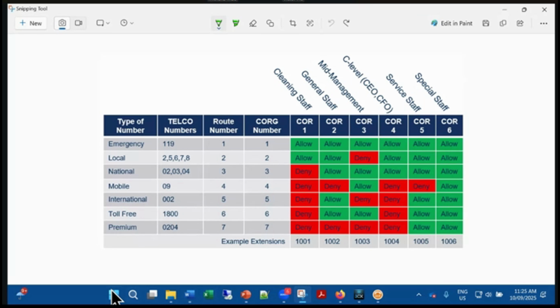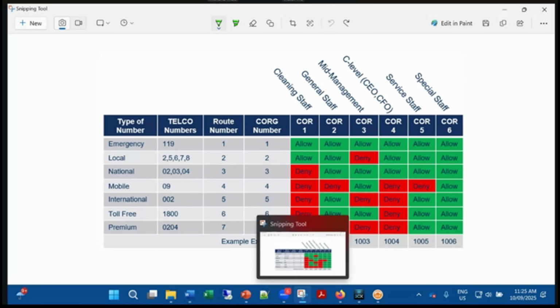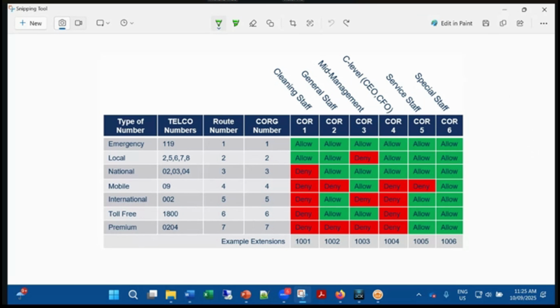So I will paste this in the chat window so you can see what I've programmed, because I'm going to take this off screen.